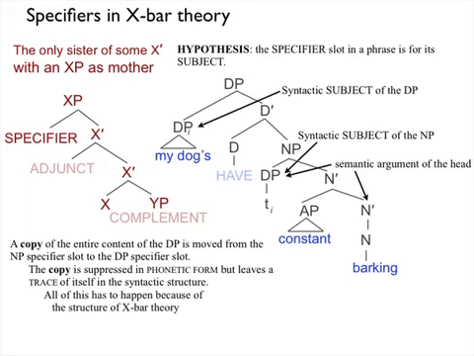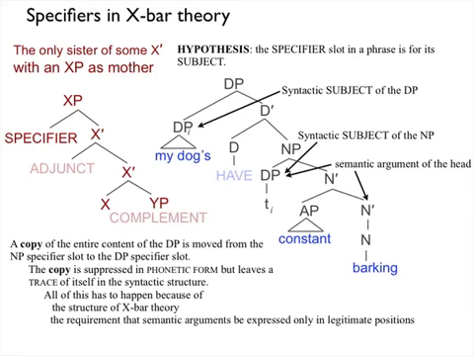And then this all happens because of the structure of X-bar theory. Our need in English to have NPs in general be embedded within DPs, and the need for semantic arguments to be expressed in legitimate positions.